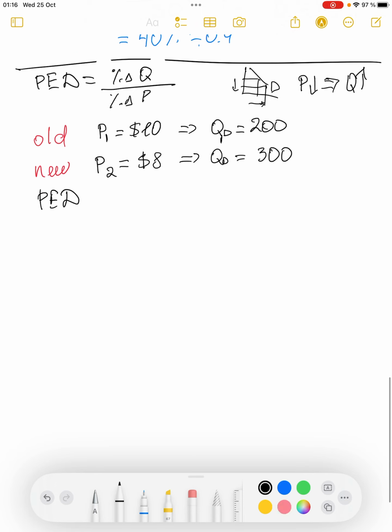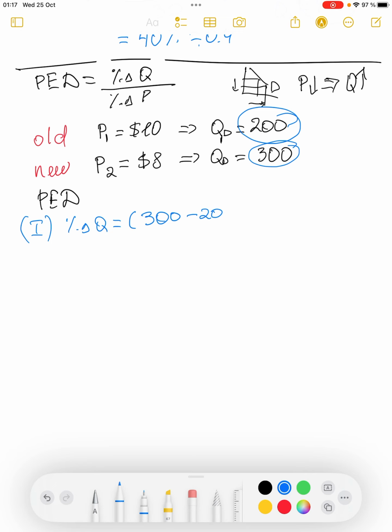So step one, we find the percentage change in quantity. That would be the new value, 300, minus the old value, 200, divided by 200, and multiplied by 100%, and that would be 50%, or 0.5.